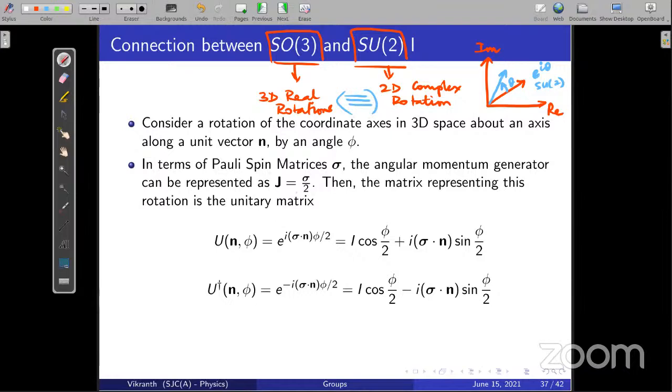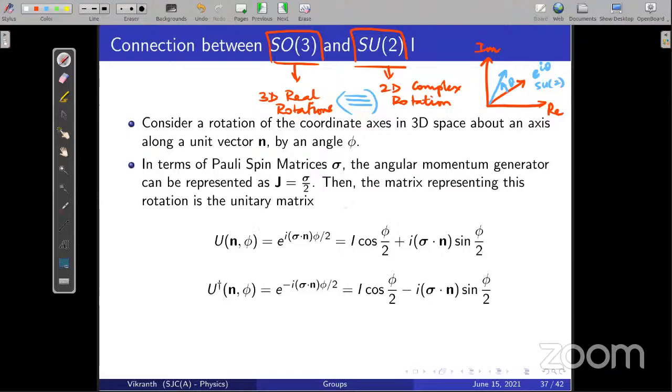And you can go through this entire presentation again. You consider unitary matrices, and since we are dealing with physics, even general unitary matrices can be generated, or you can produce the entire set of unitary matrices using the Pauli spin matrices, which you may or may not have heard of. That's okay, it's totally fine.